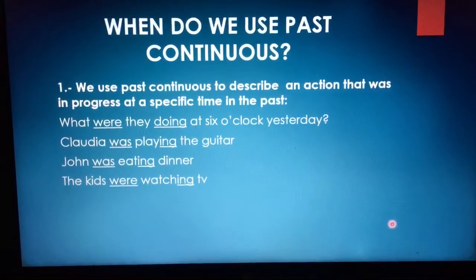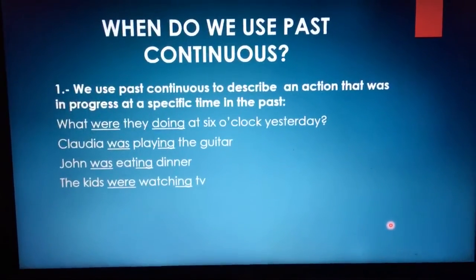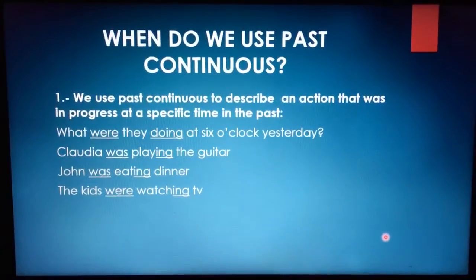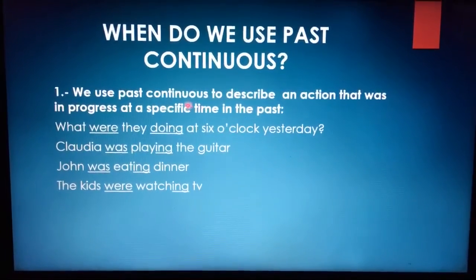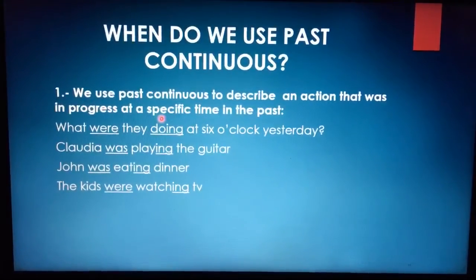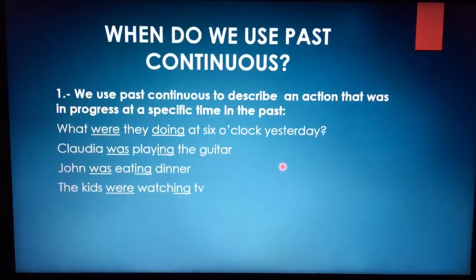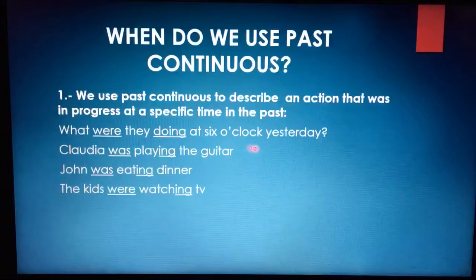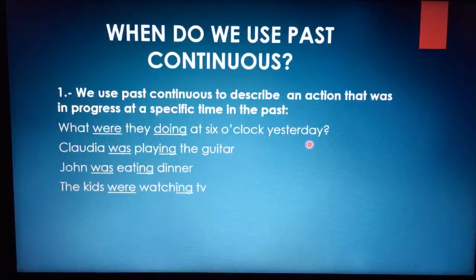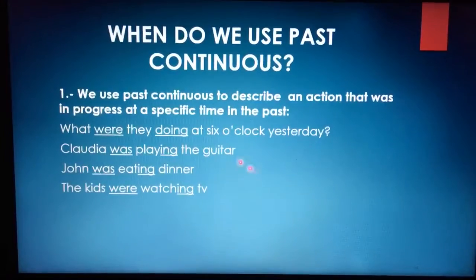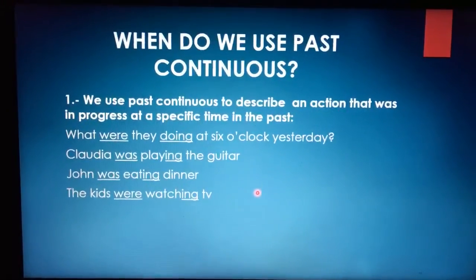Claudia was playing the guitar, John was eating dinner, and the kids were watching TV. So here the important part is an action that was in progress at a specific time in the past. Okay, so the question here is indicating a specific time, which is at 6 o'clock yesterday. And for that, like we said, we use the past continuous.